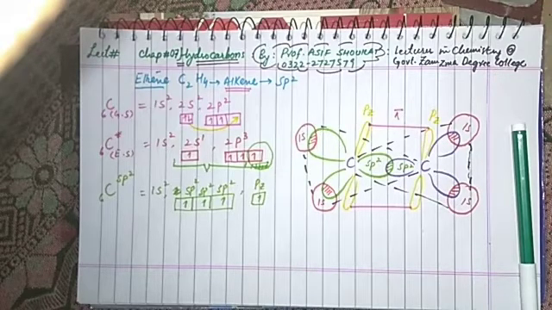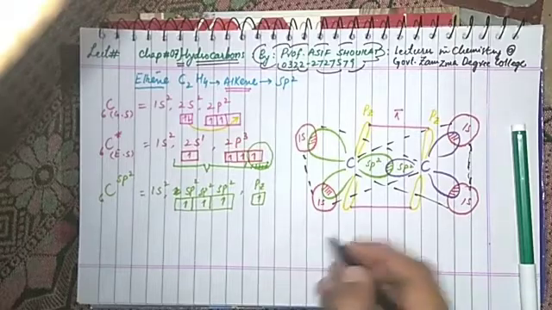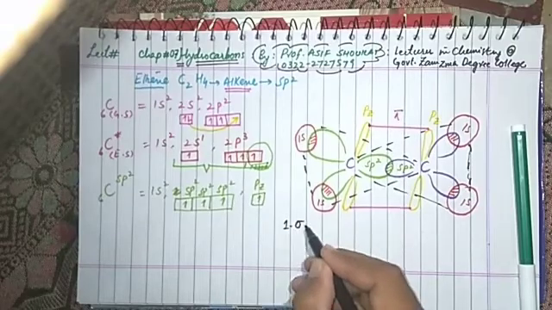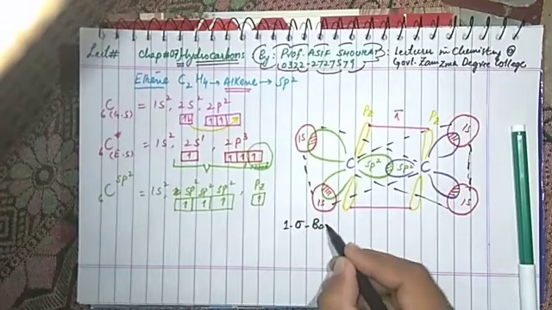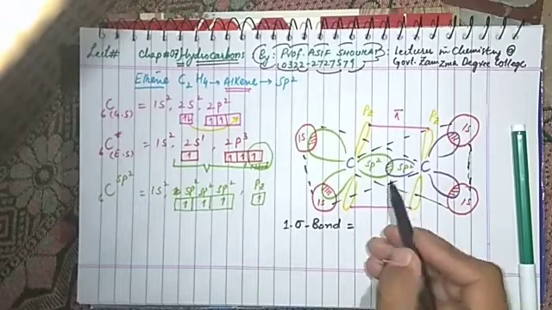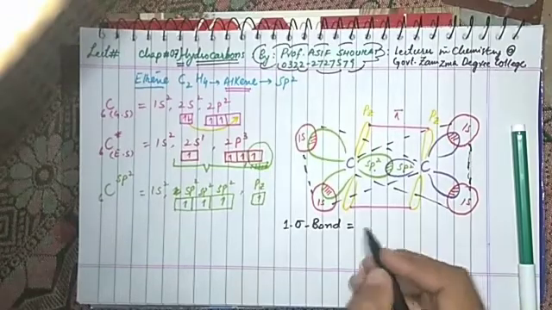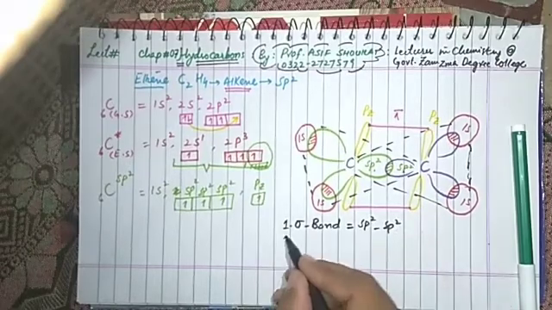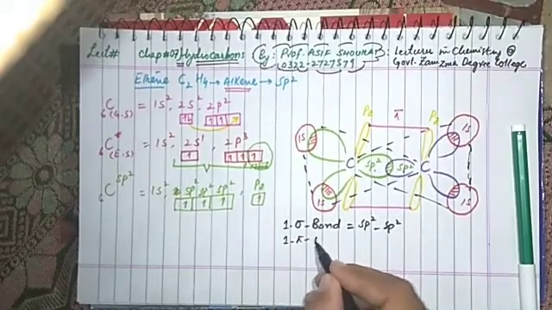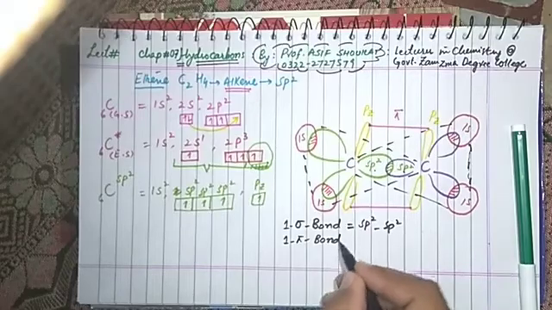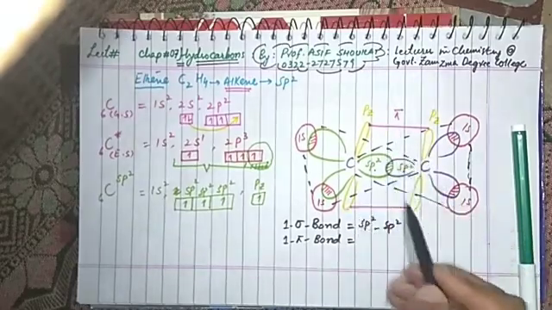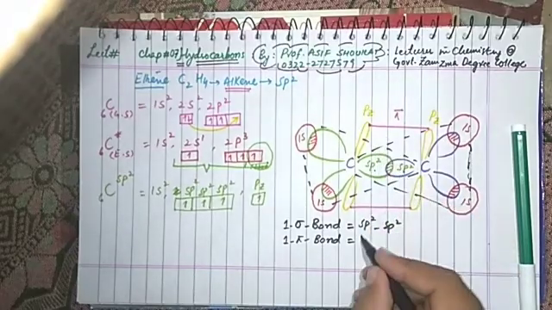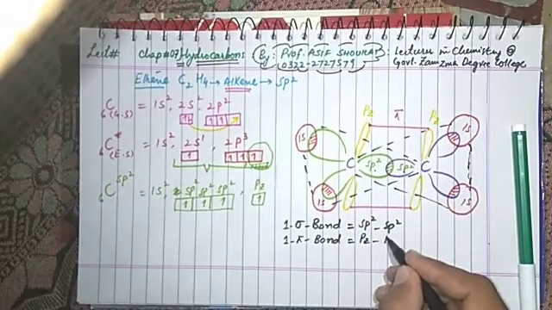I'm going to write the description now. There is 1 sigma bond, this one, between sp2 and sp2. There is 1 pi bond, this one. 2 lines means 1 pi bond. It is between pz and pz.